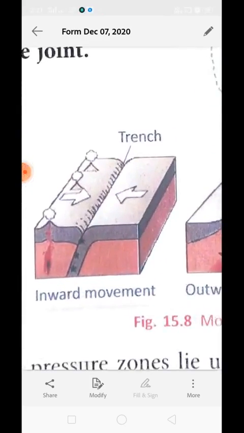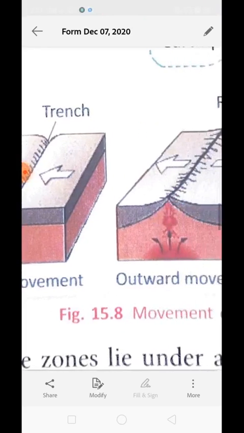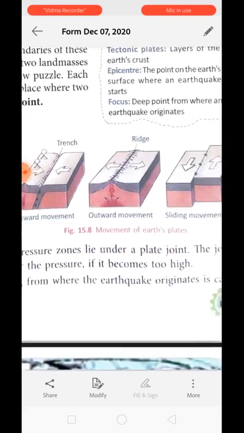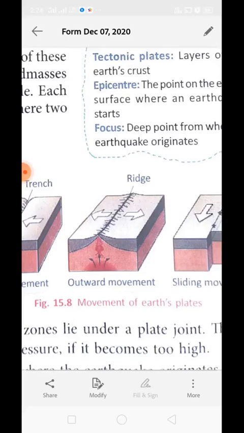If the pressure zone lies in the region of a plate joint, what will happen? If the joints are weak areas and are not able to bear the pressure, and the pressure is too high, then what will happen? It will lead to an earthquake.